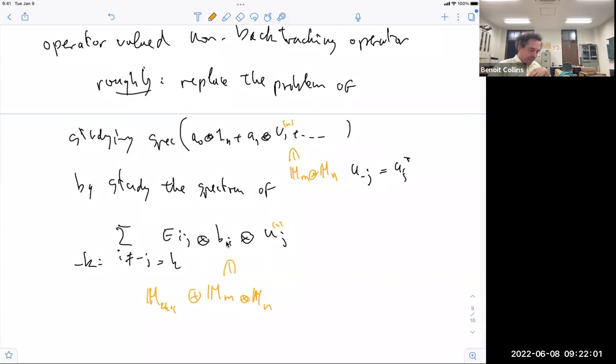And so at first sight, it looks like we did something crazy, but it is not so crazy because this works very well with moment methods.